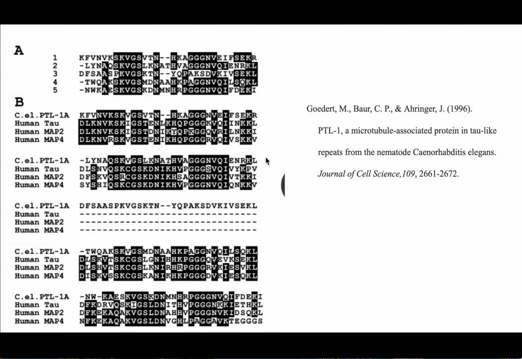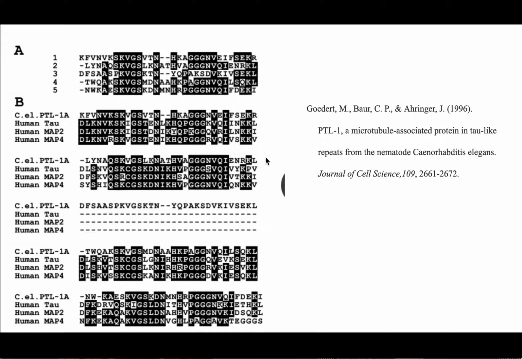You can do a lot more, and you can see a lot of the interaction within the muscle structures. It would be really interesting if this tau-like protein that they're finding in C. elegans would be usable in research. And so this protein was PTL-1A.